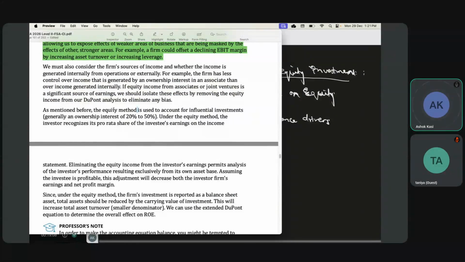As mentioned before, the equity method is used to account for influential investments. Under the equity method, the investor recognizes a pro rata share. These are all equity method information, just like a recap.